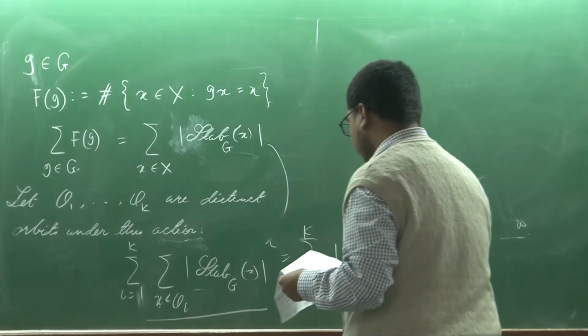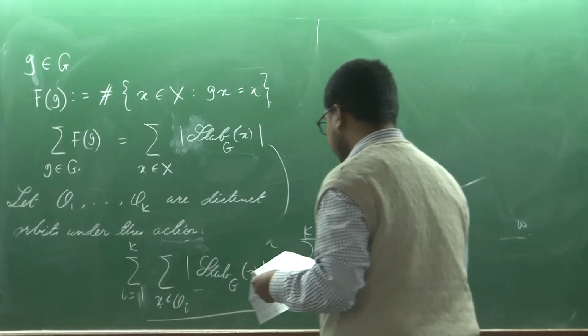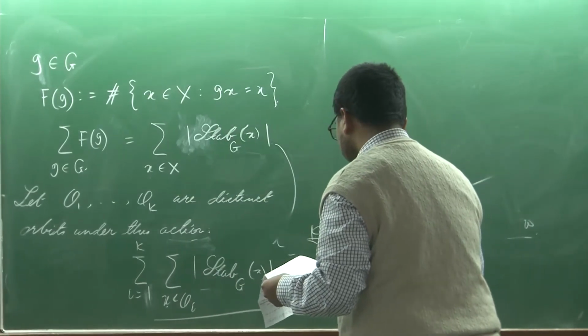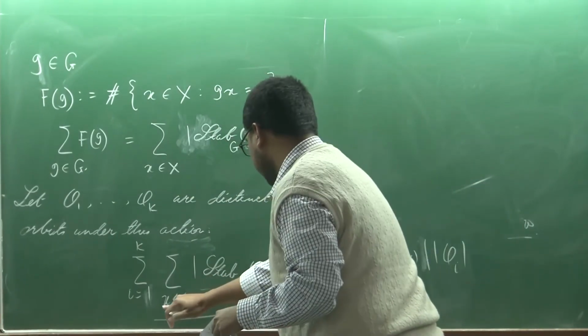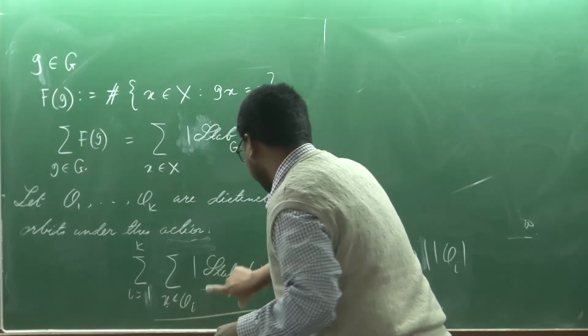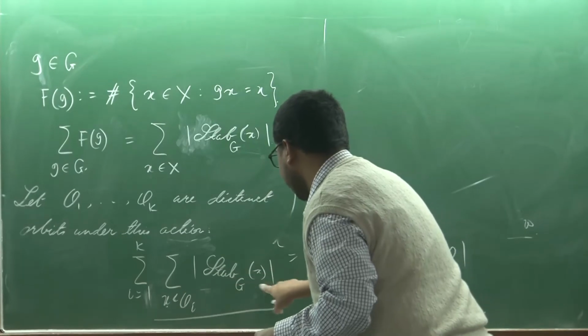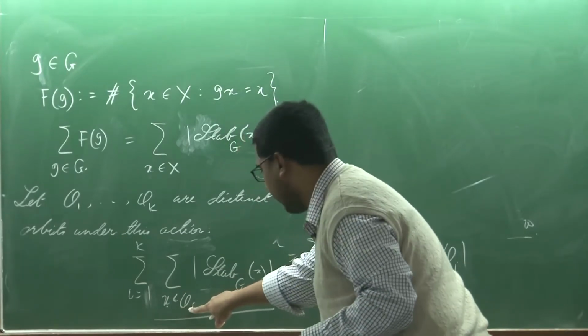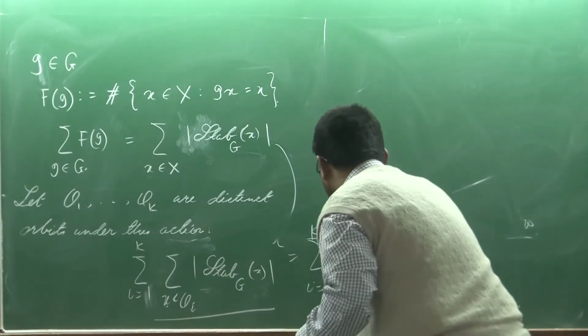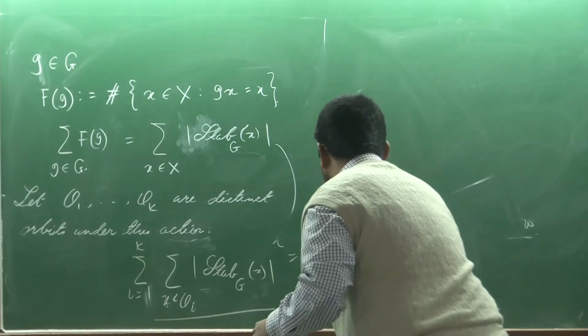Because this sum is nothing but the same quantity being repeated order of y times. So the order of the stabilizer of x times the order of y, and by the orbit-stabilizer theorem that product is nothing but precisely the order of G.